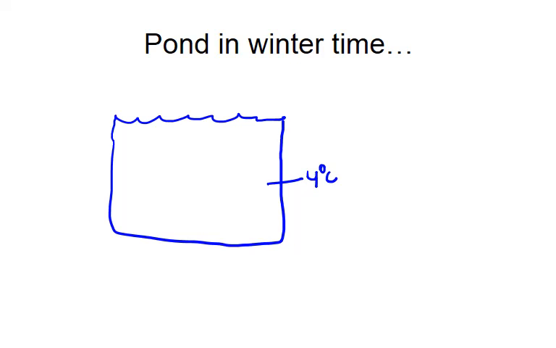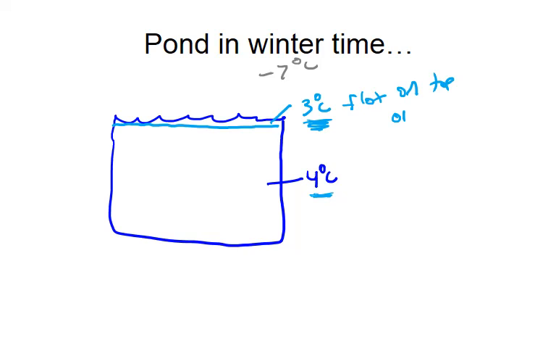It turns out that if it's still really cold out, let's say it's -7 degrees out still, this top layer up here will turn to 3 degrees. But it turns out 3-degree water is actually less dense than 4. So 3-degree water will float on top of 4-degree water.